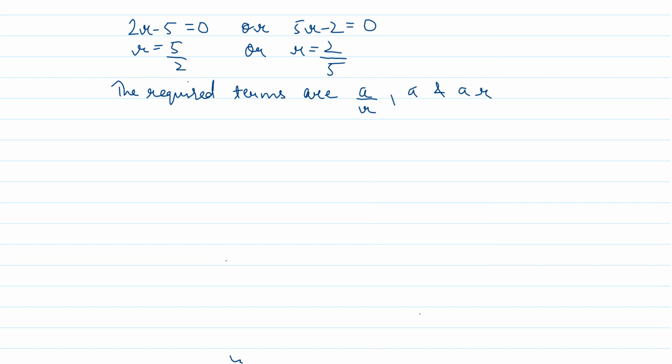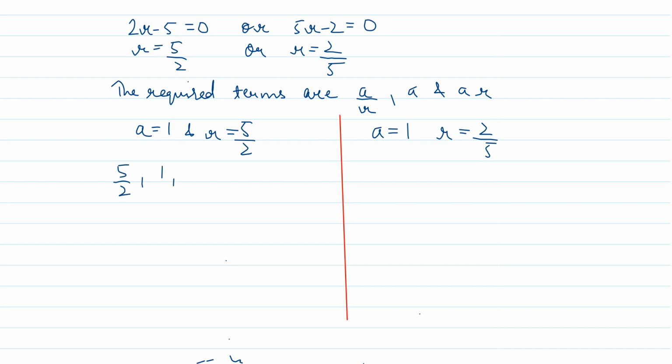So you'll be having two cases: A was equal to 1 and R equal to 5 upon 2, and here A equal to 1 and R is equal to 2 upon 5. So A upon R will be equal to 2 upon 5, 1, and AR will be equal to 5 upon 2, sorry, it will be 2 upon 5.